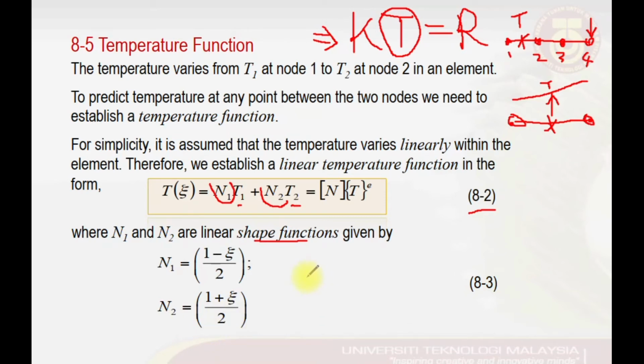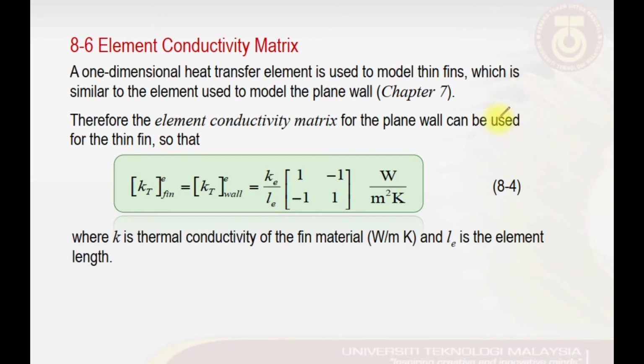We know earlier that z is -1 for the node on the left hand side of our element, and z is equal to +1 for the nodal point located on the right hand side of our element.